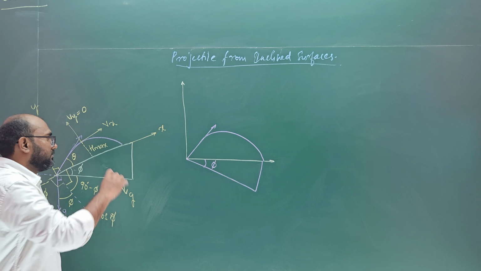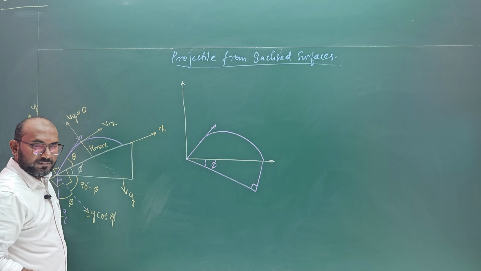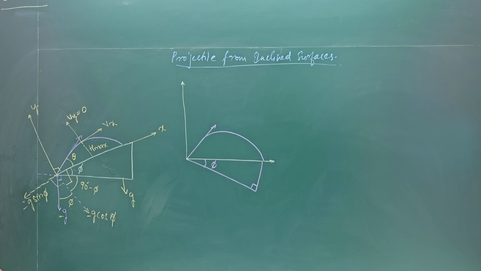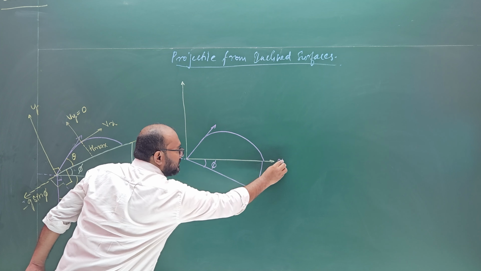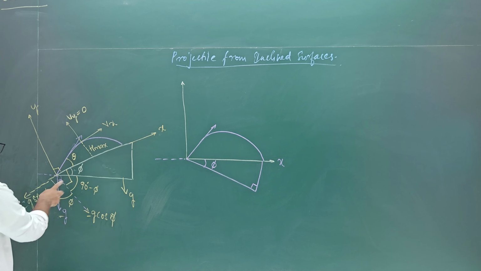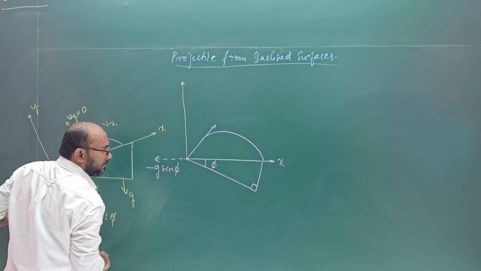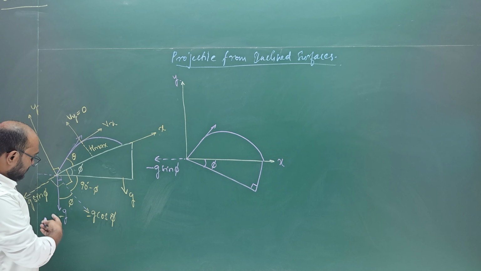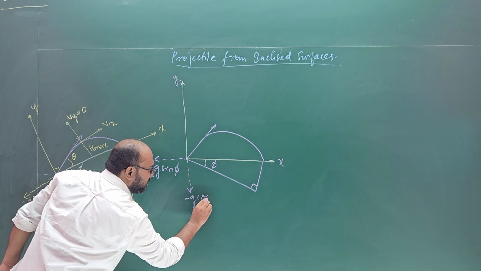Aaya? Okay, now the next thing, this angle is 90 degree, remember. ये angle 90 degree नहीं है. Okay, now the next thing, exactly opposite to your x-axis, who is there? Minus G sine phi. So minus of G sine of phi. Exactly opposite to y-axis, who is there? Yes, very good. So minus of G cos of phi.